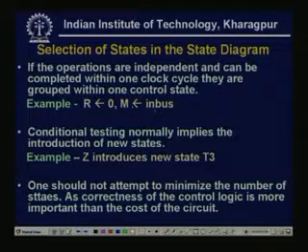These two are actually independent, no one is affecting the other. So, these are grouped together and they are in one state. Conditional testing normally implies the introduction of new states. So, Z introduces a new state T3.